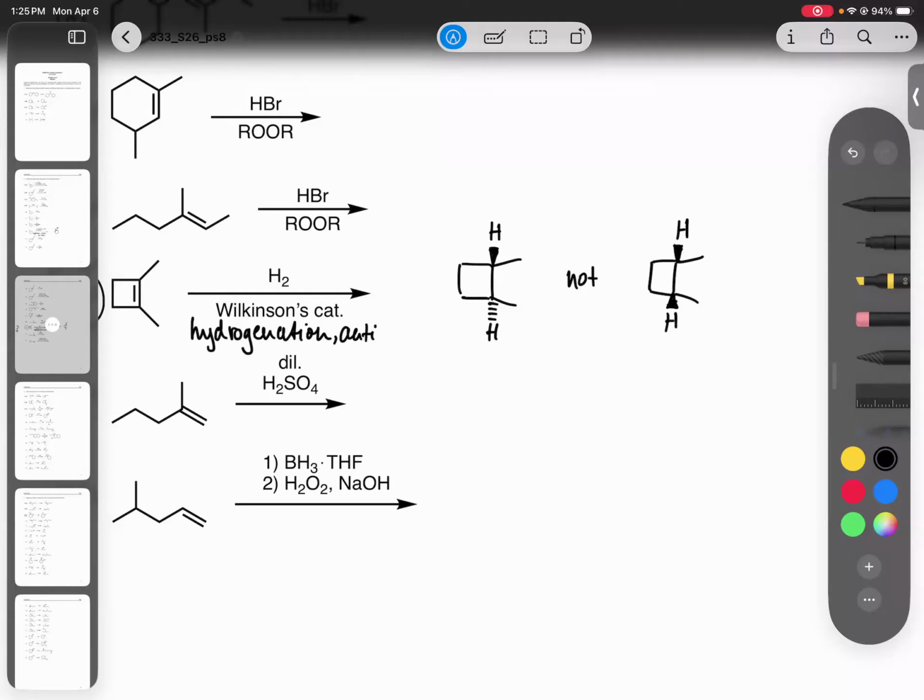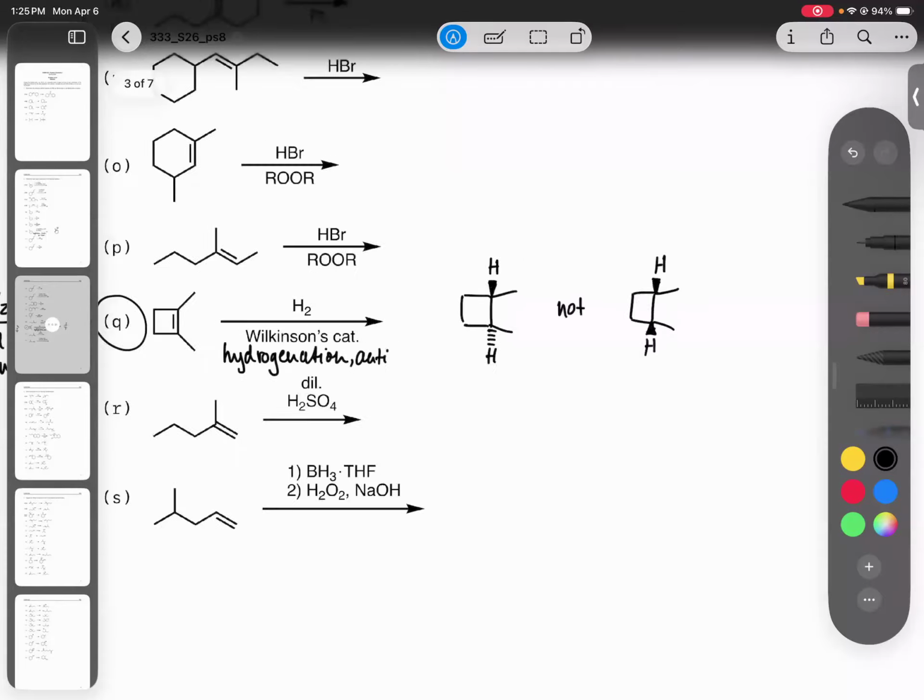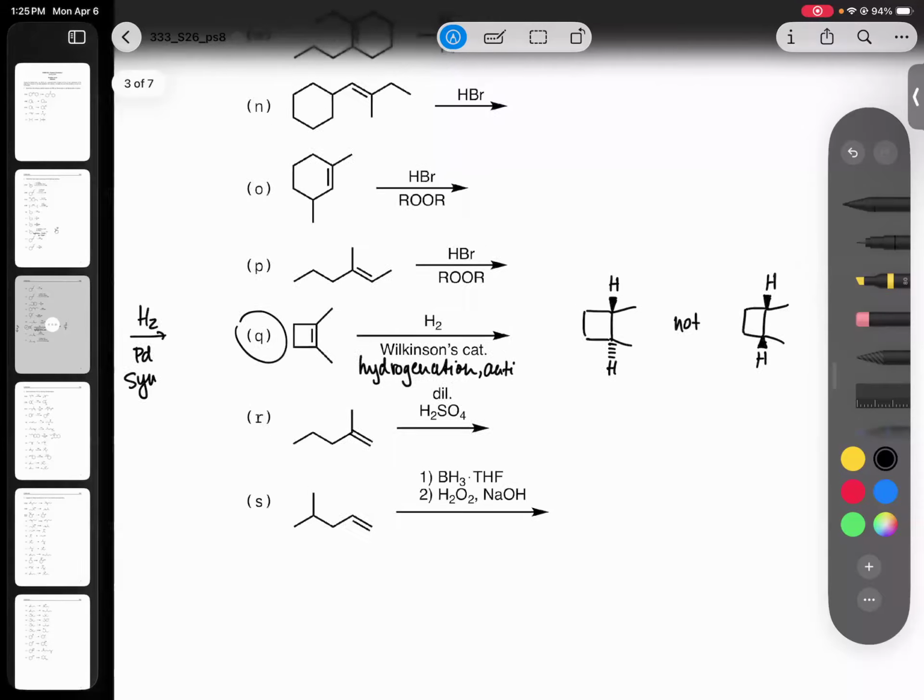And again, for the first answer, it doesn't matter whether the top one's on a wedge and the bottom one's on a dash or the other way around. We're just showing the relative stereochemistry for that one.